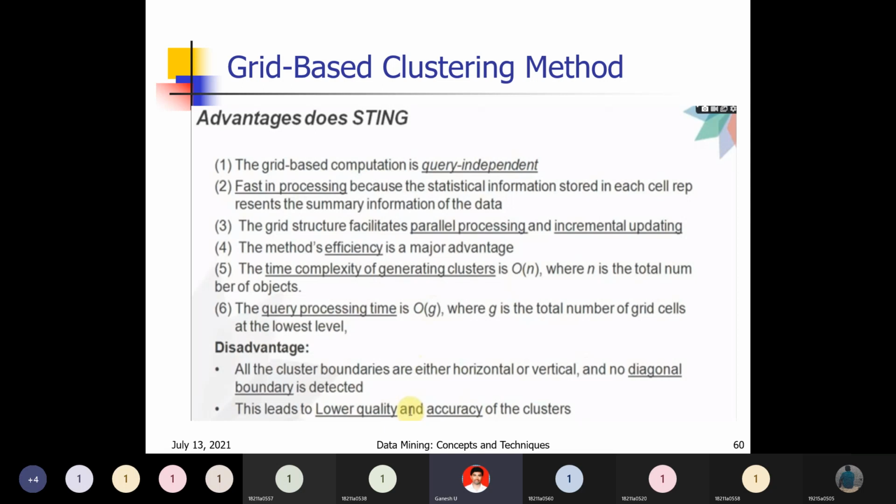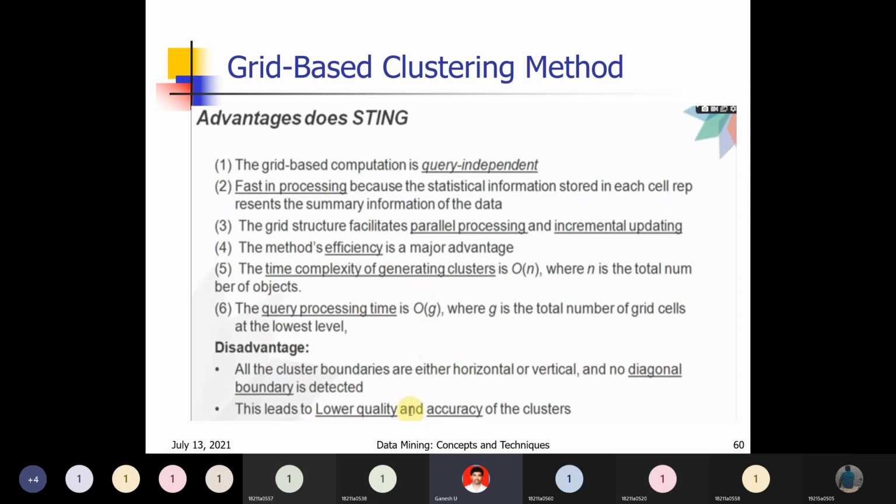It is done step by step in a top-down approach. Every cell with its stored statistical information is subdivided into a number of parts. You can get to the lower level layer from the higher level layer.